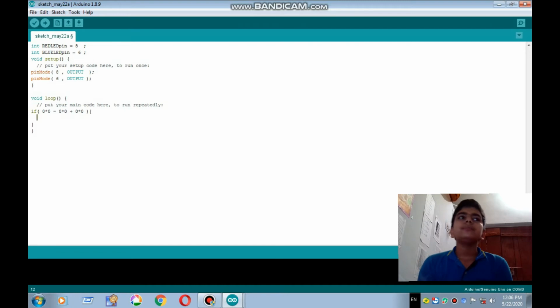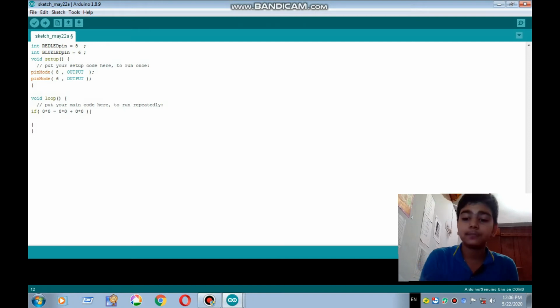And if the sum of base square plus perpendicular square is not equal to the hypotenuse square, then the red LED will glow.